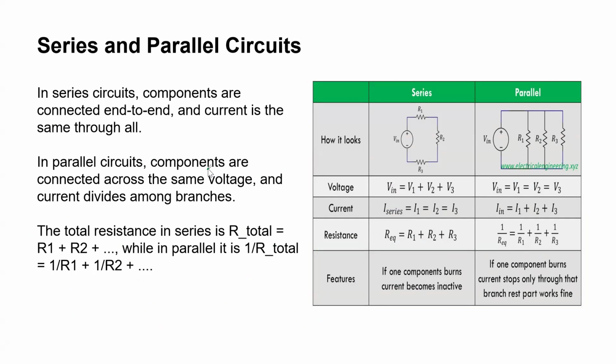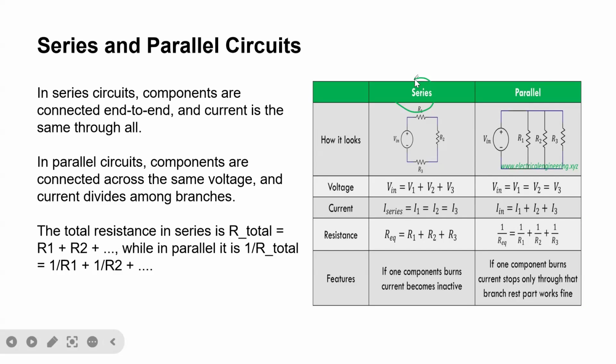As we can see here, this is the series arrangement where the voltage in is equal to V1 plus V2 plus V3. And for current in series, I1 is equal to I2 is equal to I3. That is why the equivalent resistance in series is equal to R1 plus R2 plus R3.